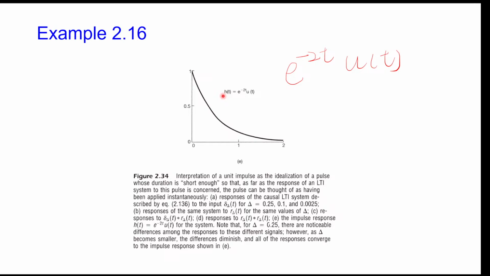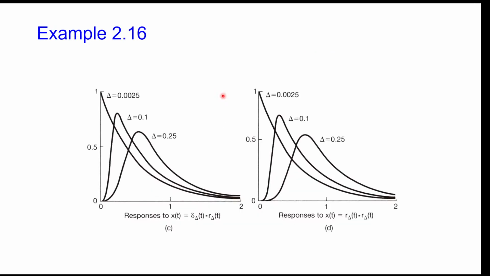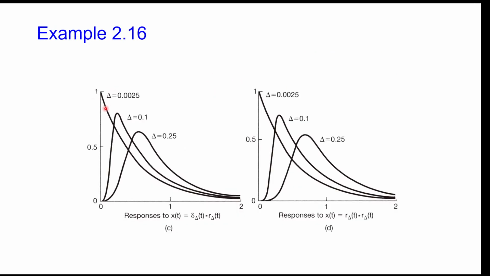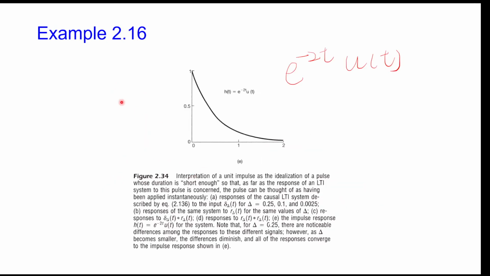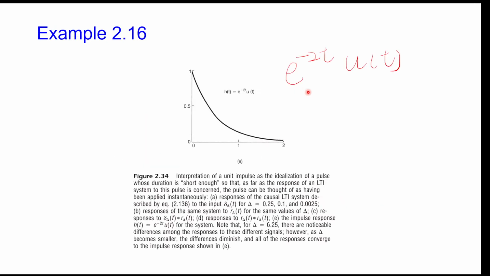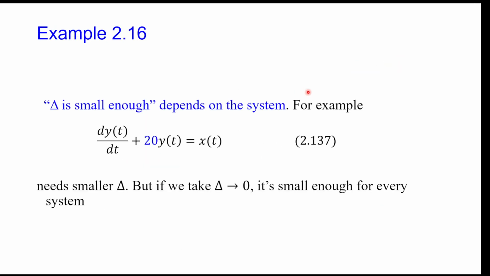One interesting thing to think about is how small this Δ needs to be for the response to look very much like this h(t). Here we see that Δ = 0.0025 is enough, but why around 0.0025? It turns out that how small Δ must be depends on the parameters of the system.